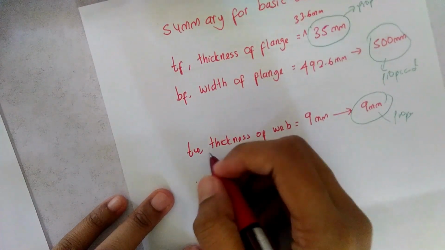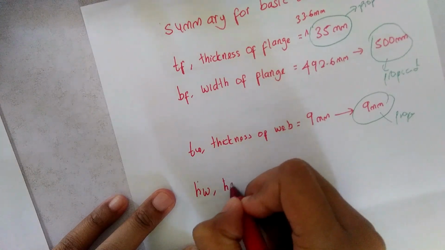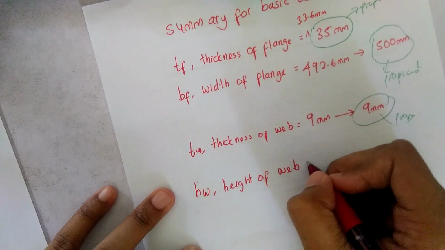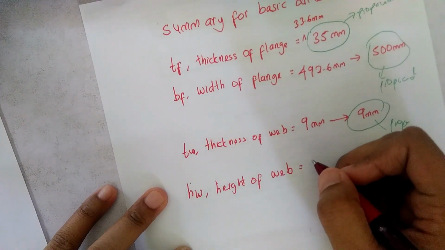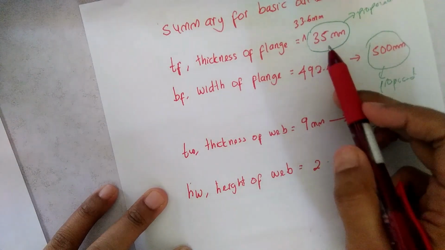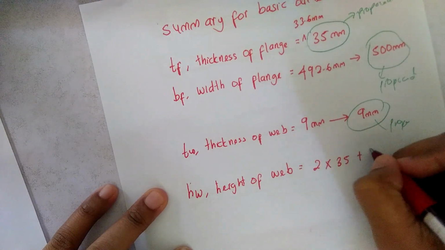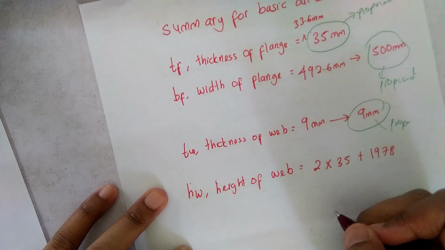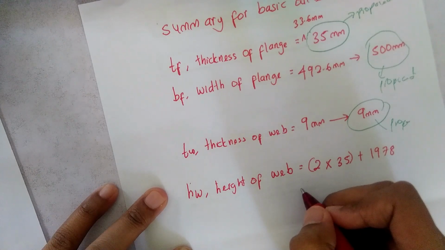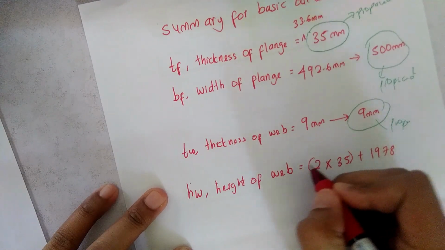And the last one is the height of web, whereby we propose it to be 2 times 35, because we now propose 35, plus 1978. So the overall height of the web is 1978.